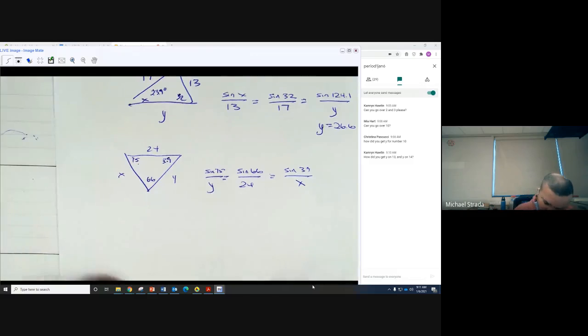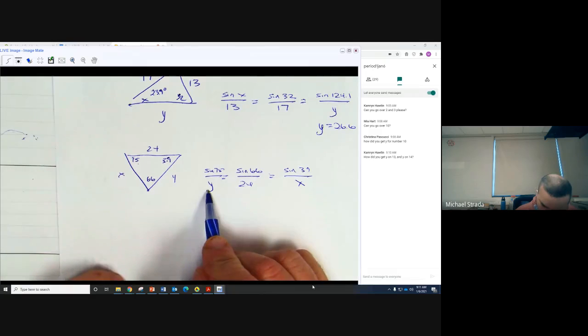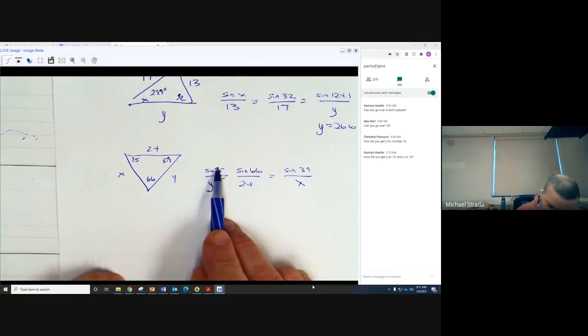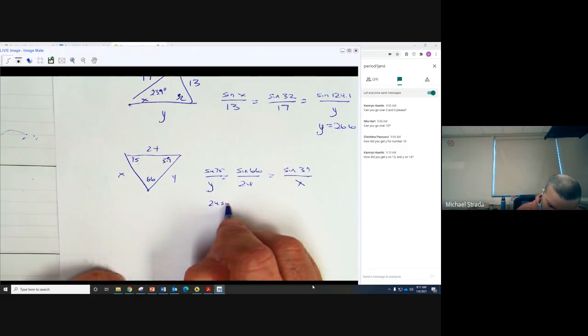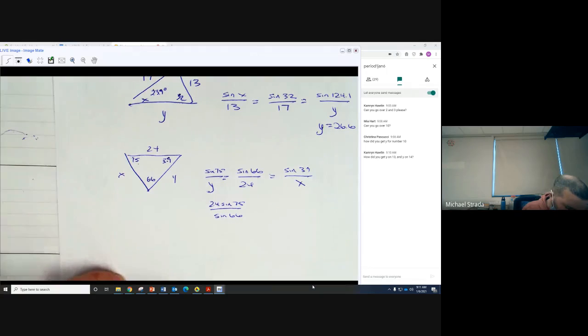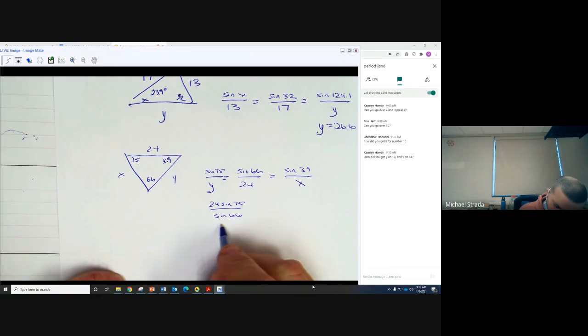We asked about the y part, so we're going to do 24 sine 75 and divide that by sine of 66 when we're cross multiplying. And that gives me 25.4.